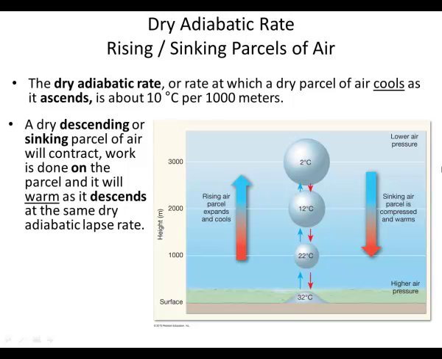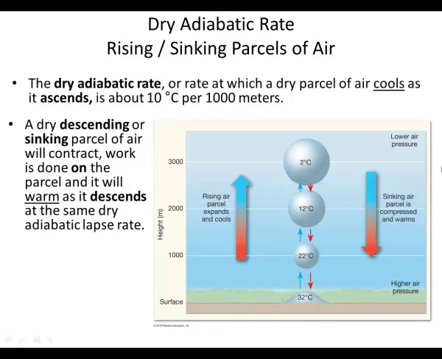See the red arrows? If this chunk of air was at 2 degrees and you forced it down 1,000 meters, it would warm to 12. Force it down another kilometer, it would warm to 22. So chunks of air that sink do get warm.